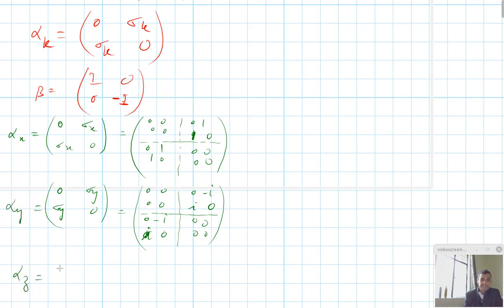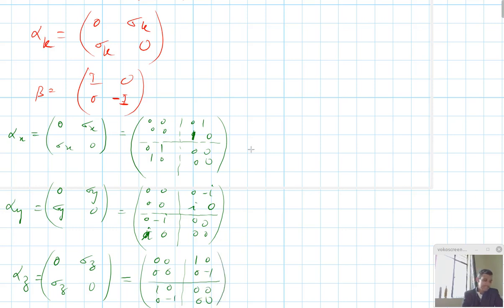And alpha z is 0 sigma z, sigma z 0, which is equal to the matrix with rows 0 0 1 0, 0 0 0 minus 1, 1 0 0 0, 0 minus 1 0 0. And beta I can write as the matrix with rows 1 0 0 0, 0 1 0 0, 0 0 minus 1 0, 0 0 0 minus 1. So beta can be written in this way, right.